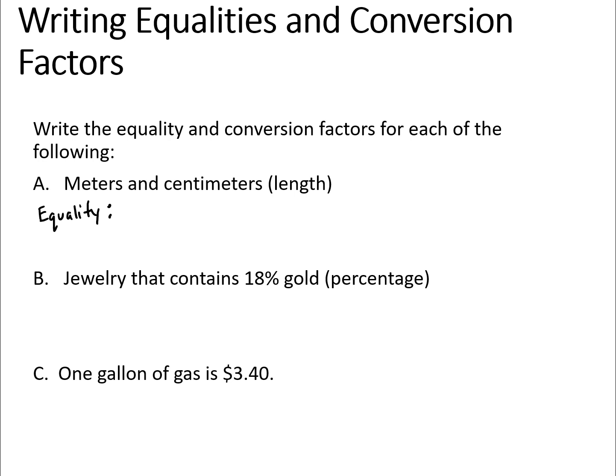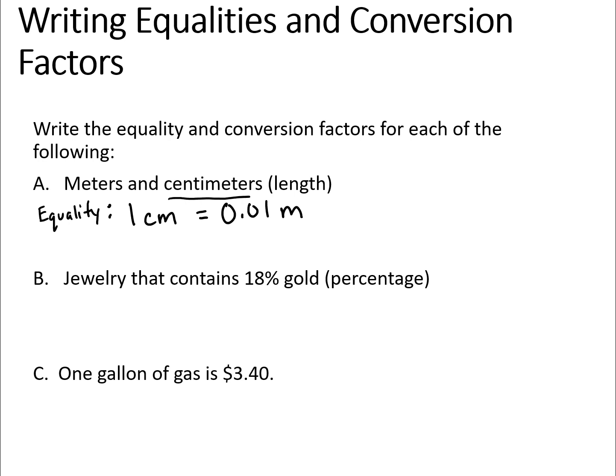The easiest way to do it is to start with the unit that has the prefix and say I have one of those. So I've got 1 centimeter. Then you can look up on your chart what centi means and fill that in. 0.01 meters. That's your equality.